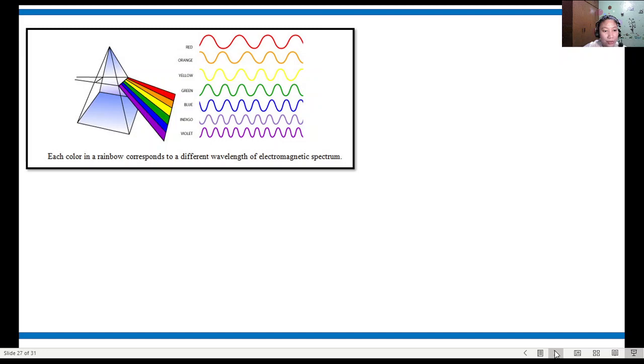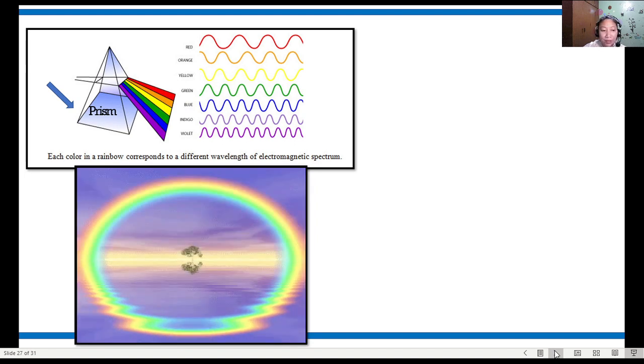Each color in a rainbow corresponds to a different wavelength of electromagnetic spectrum. So, nakikita natin yung red, and then yung violet, and the other colors as well, orange, yellow, green, blue, indigo. So, this is the prism. Ayan, as you can see here on the example, may nangyari dyan reflection and refraction.